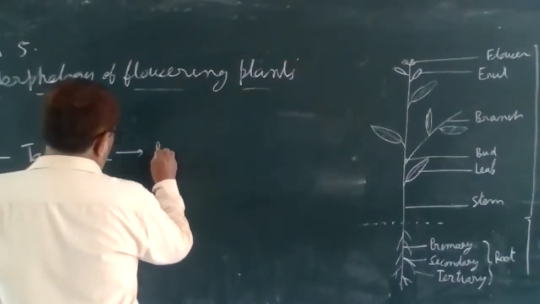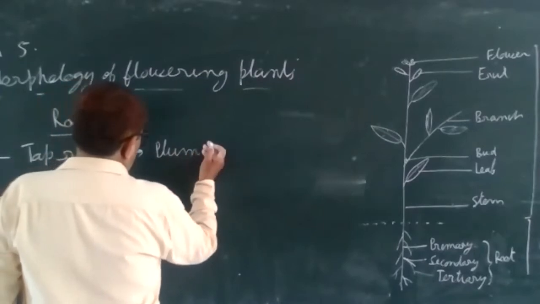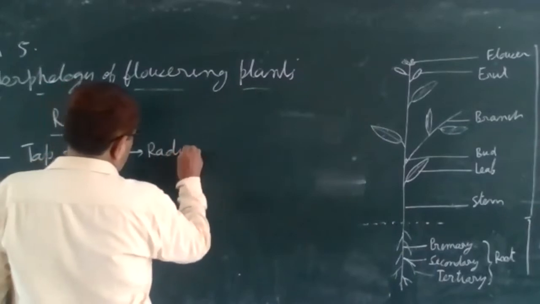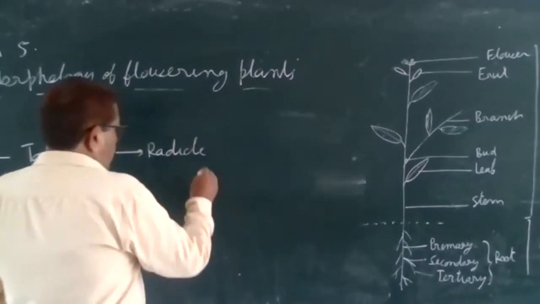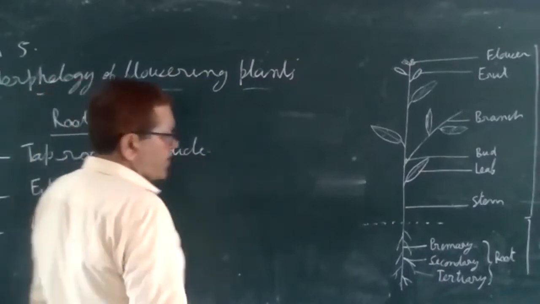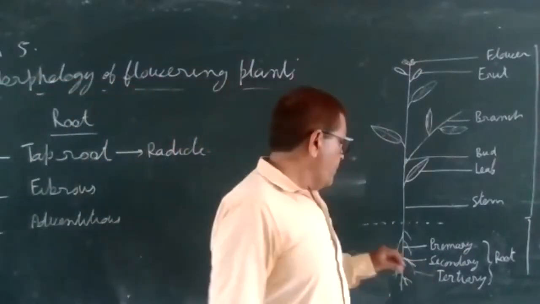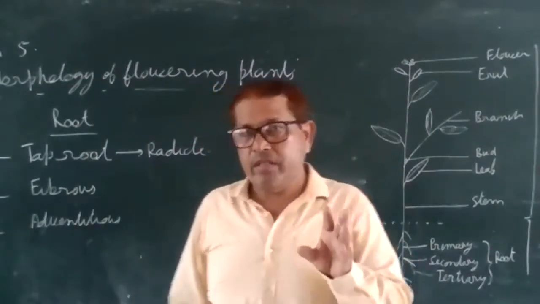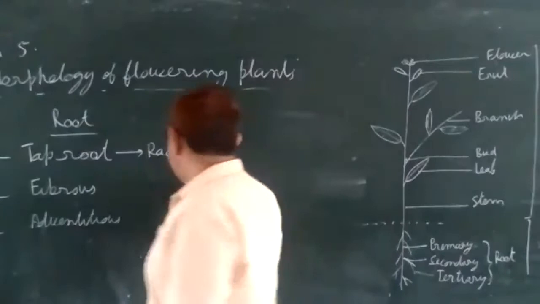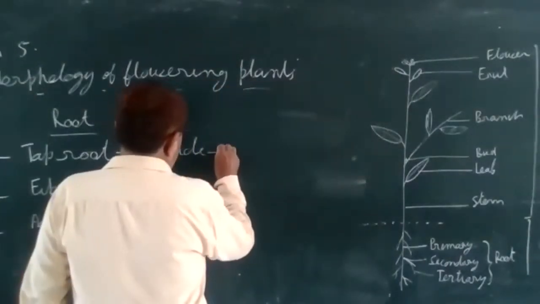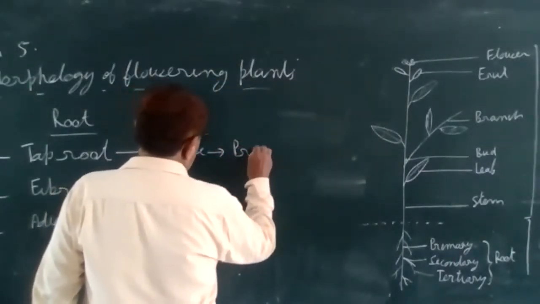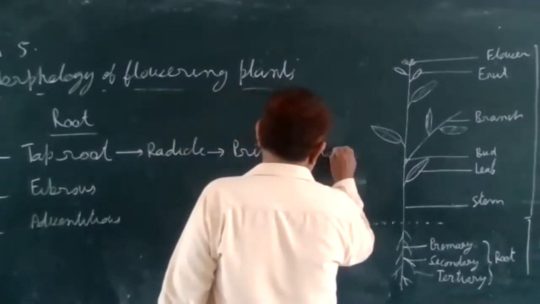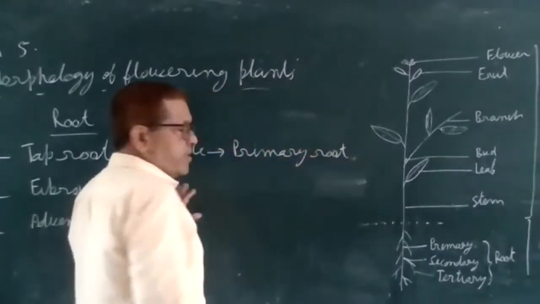Here, the radicle develops to produce the primary root. The radicle gives rise to the primary root.